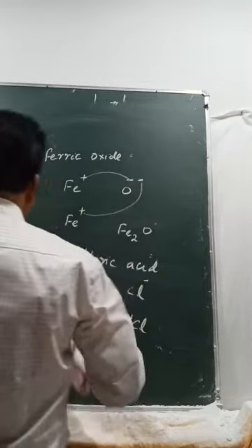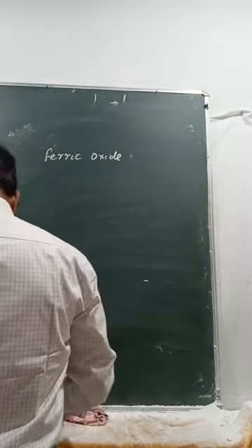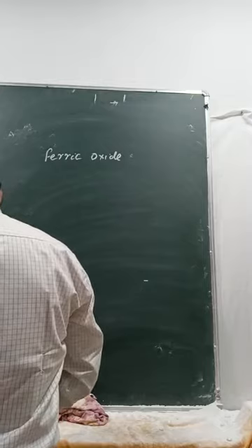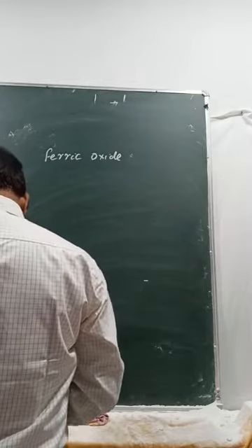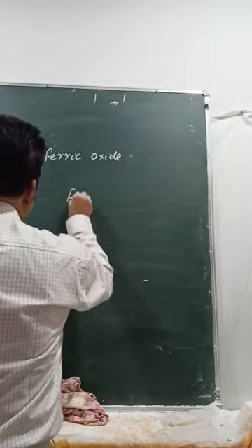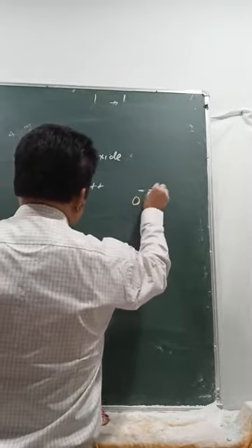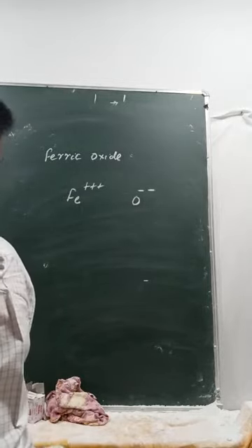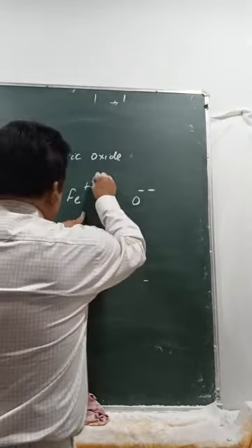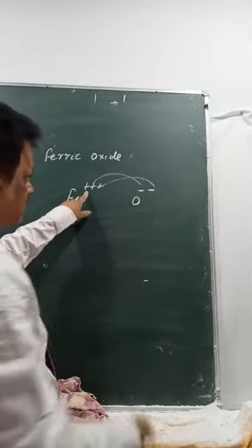Now let's check it. I think this is not correct. So ferric is how much? Fe3 here, sorry, oxygen 2. So how to write? So if I give 2 here, 1 extra, not possible.